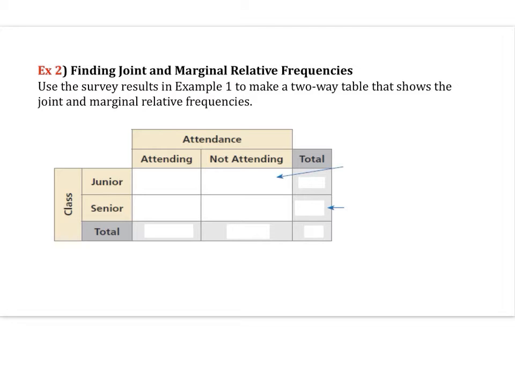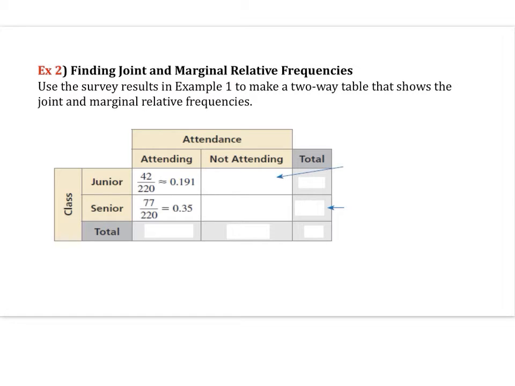All right, so we'll start with our juniors who are attending. That was 42, and our total is 220 students. So we can take 42 divided by 220, which is approximately 0.191. Next, let's take a look at our seniors attending.